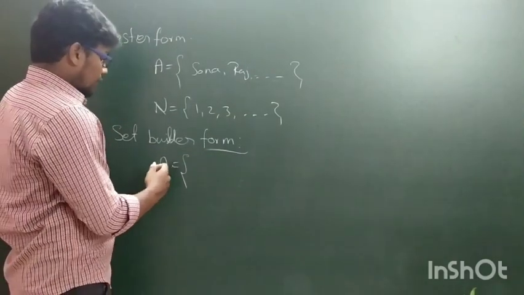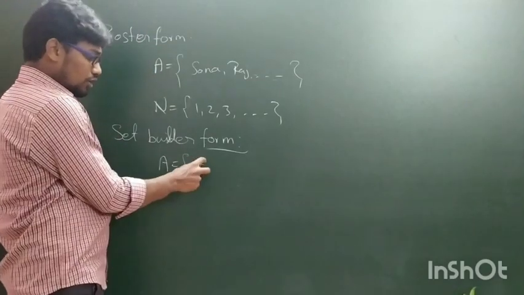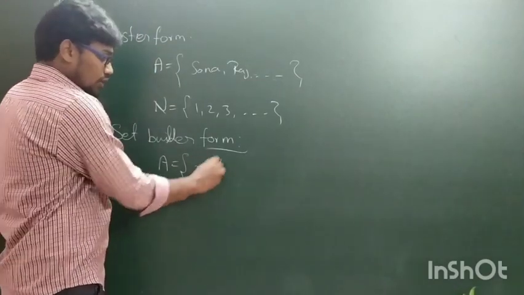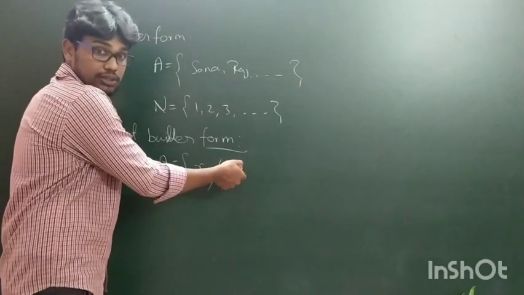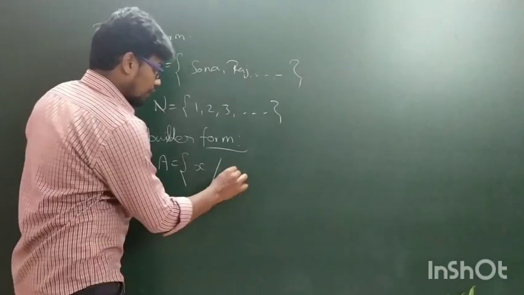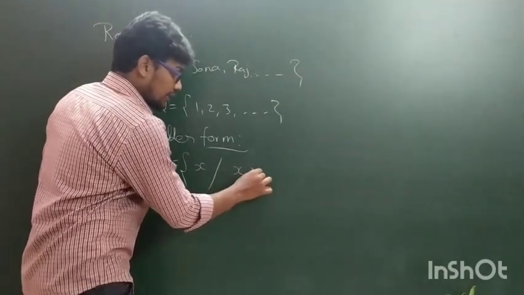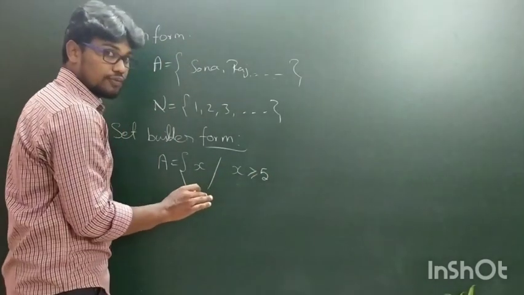Say A is equal to the set of all some elements. What are those elements? That explanation I will write here. The set of all x such that x is greater than or equal to 5. Is that enough?